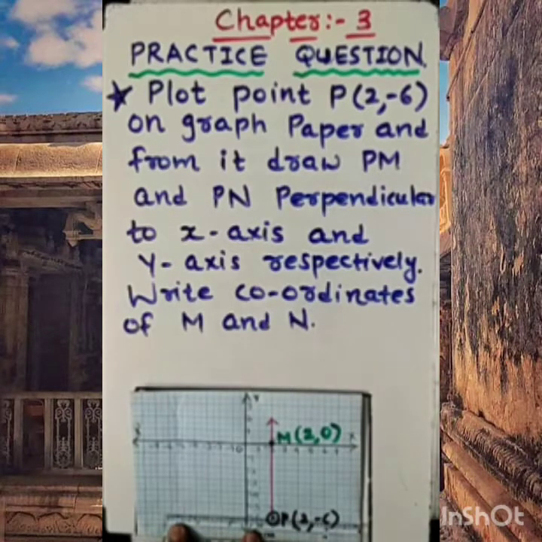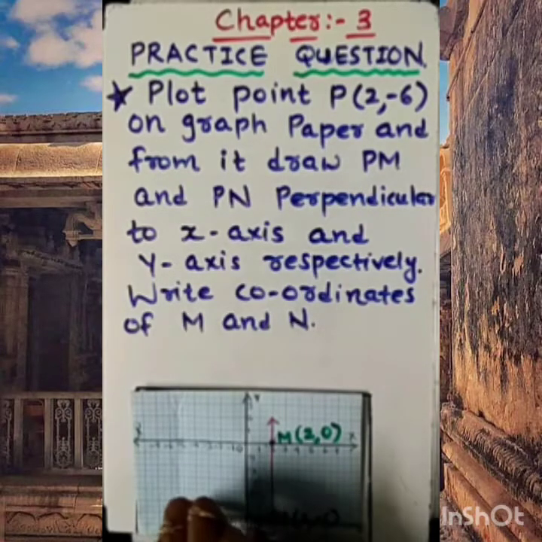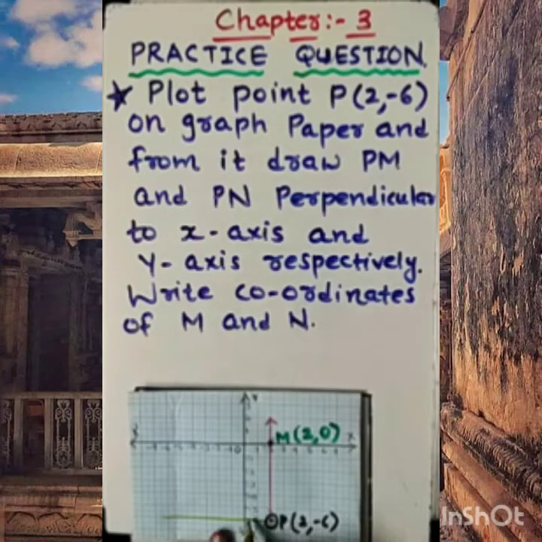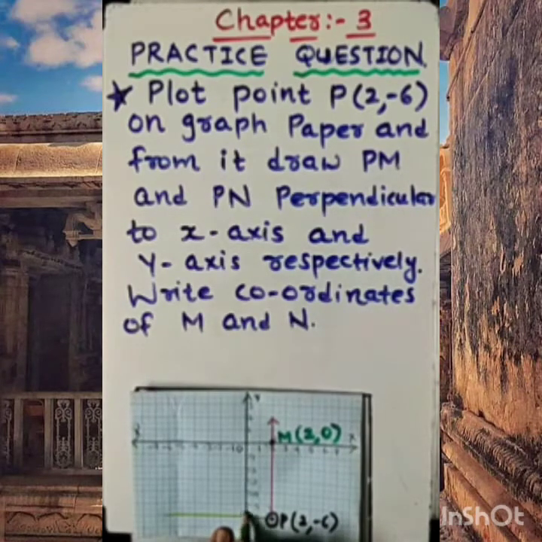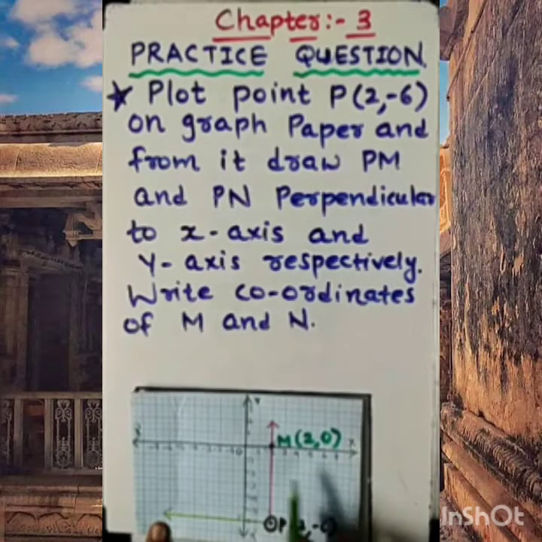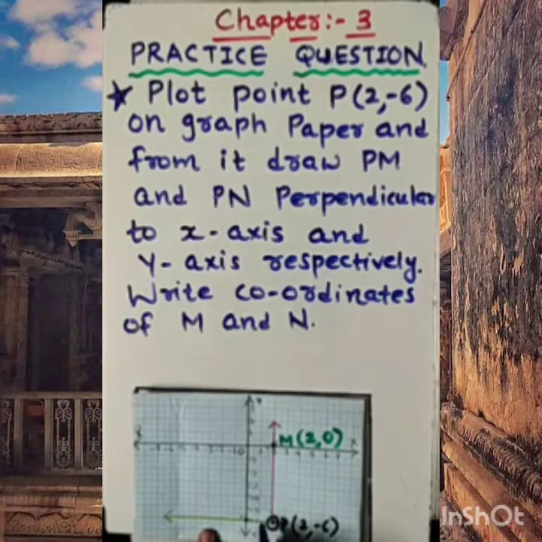So this line is perpendicular to y-axis because here it is intersecting and forming a 90-degree angle. Now the line which is perpendicular to y-axis, this is y-axis and this is the perpendicular line, and suppose the intersecting point is this, agree? Fine. Now what are the coordinates of this point?